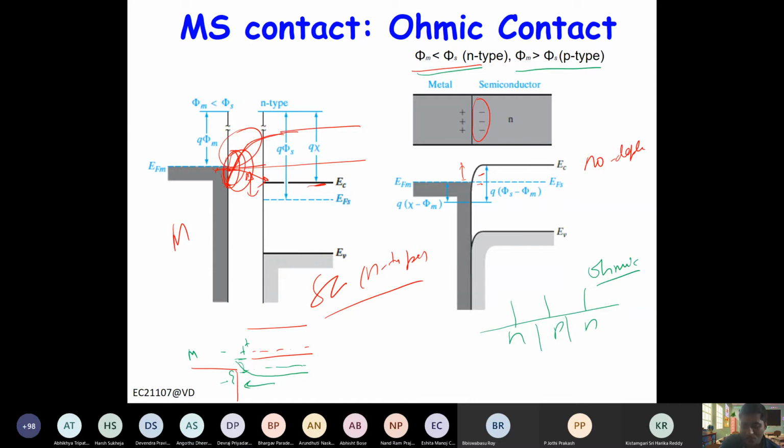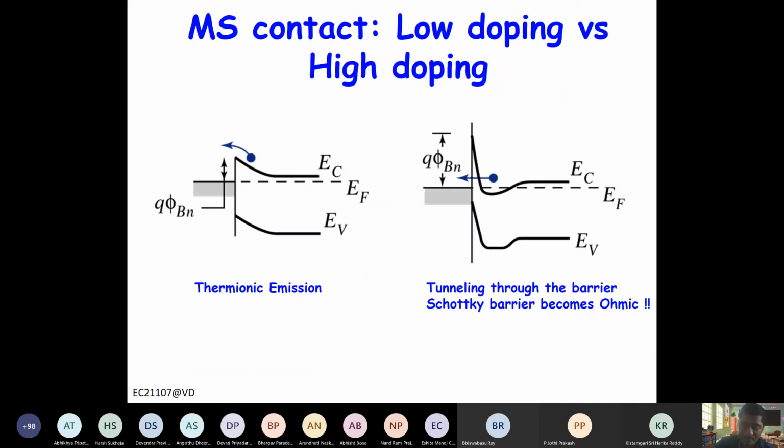Now we may want to make ohmic contact for a given material whether it is N-type or P-type. So there is a technique for that. Let's say this is the N-type semiconductor. So there is a barrier here.